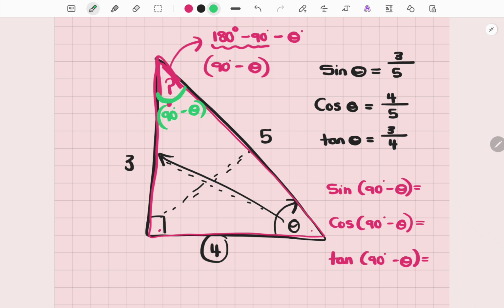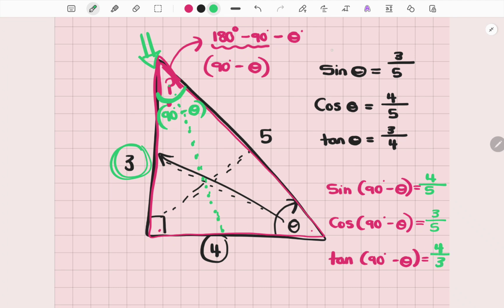So if I want the sine ratio for this, you're going to work from this angle over here, and you say, well, the opposite from this angle is 4 over the hypotenuse, which stayed 5. Cos is adjacent, so the adjacent is 3 over the hypotenuse, which is 5, and tan is opposite over adjacent, so 4 over 3.